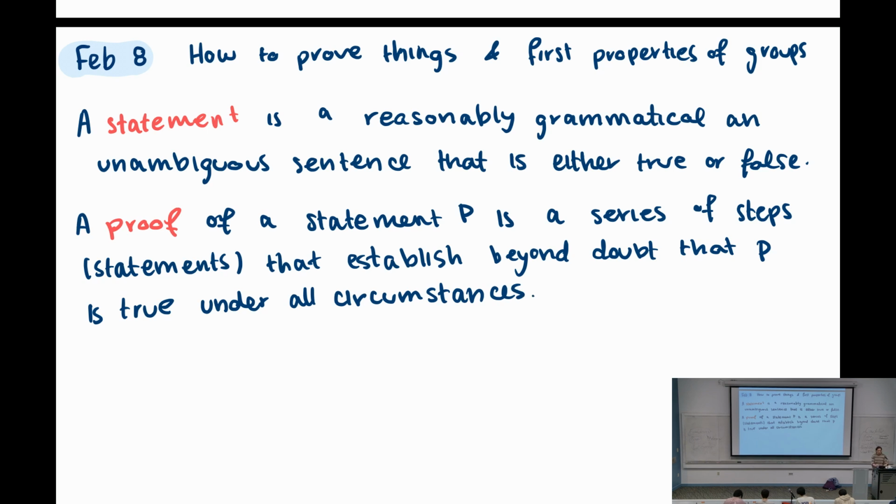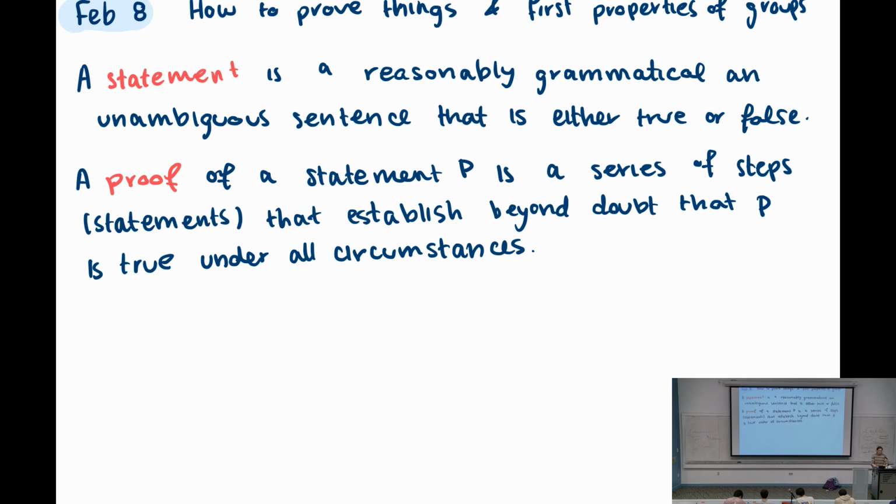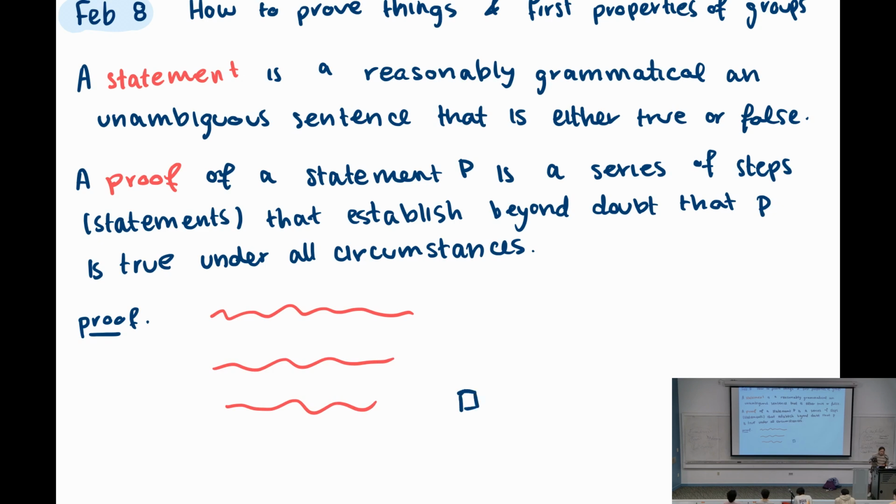Okay, and then just as a notation, typically at the start of a proof, you'll see something like this, and then you'll see the content of the proof written, and then at the end of the proof, there is a little square.